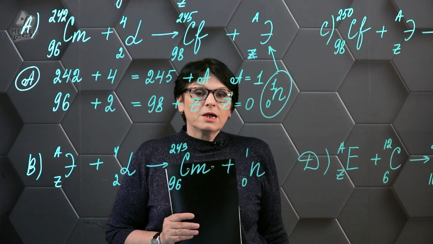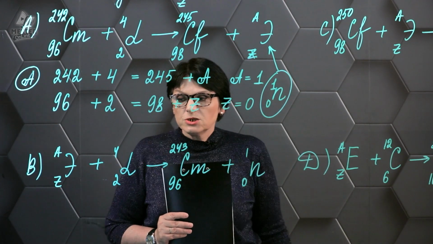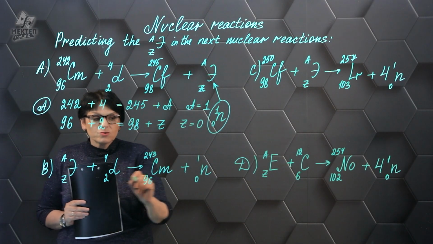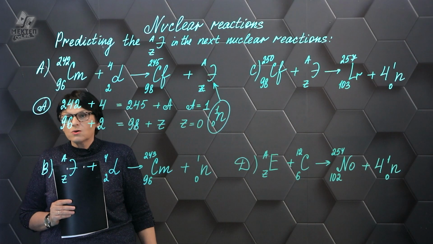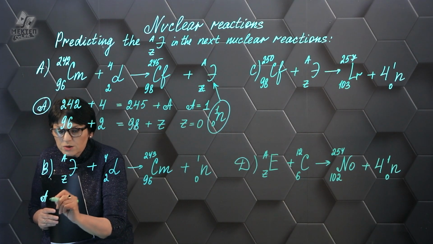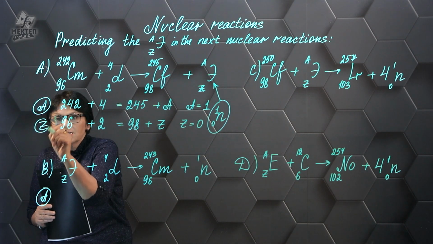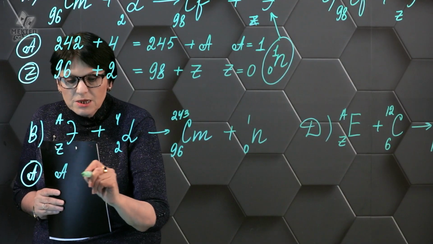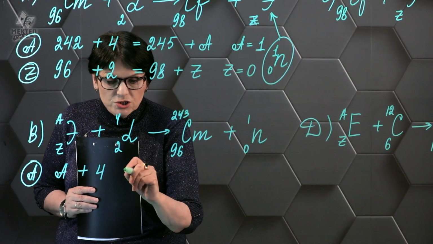Now let's look at this process. Here we have the unknown particle on the left side. So we need to determine what element we're going to have. Here we found Z, so we're going to start with our mass. We have an unknown mass, and then we have an alpha particle which equals 4.